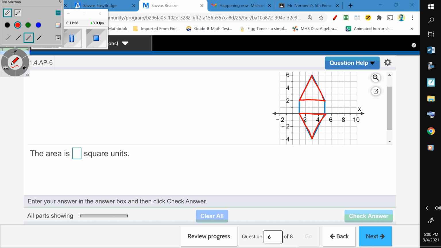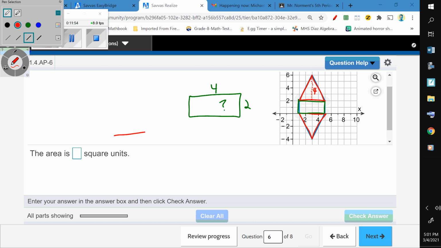The rectangle in the middle, it's just a matter of counting, okay? That's 4 boxes across and 2 boxes as a height. So, boom, boom, boom, boom. Find the area of that and write it down. As for the triangles, the height is 4. The base is 4.